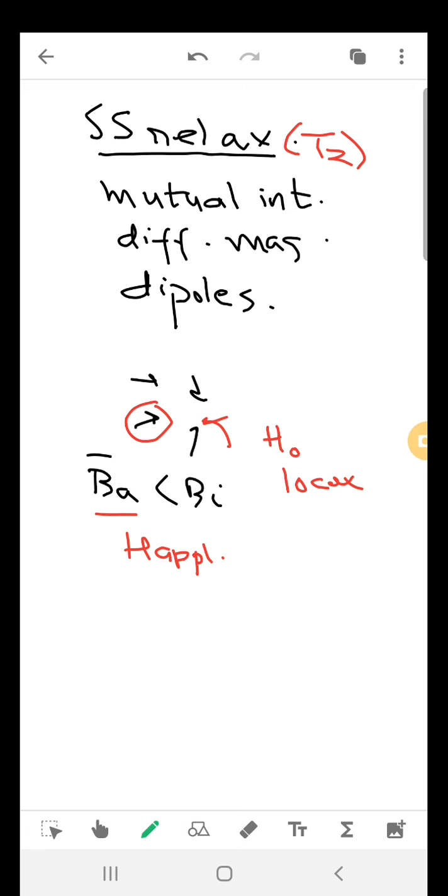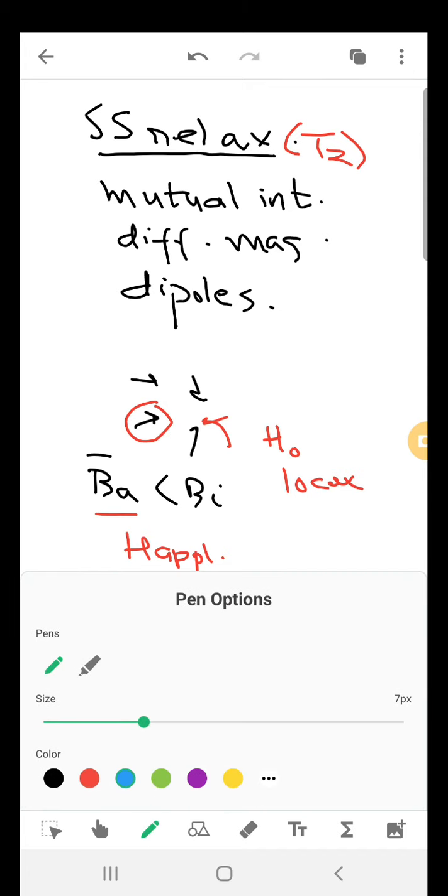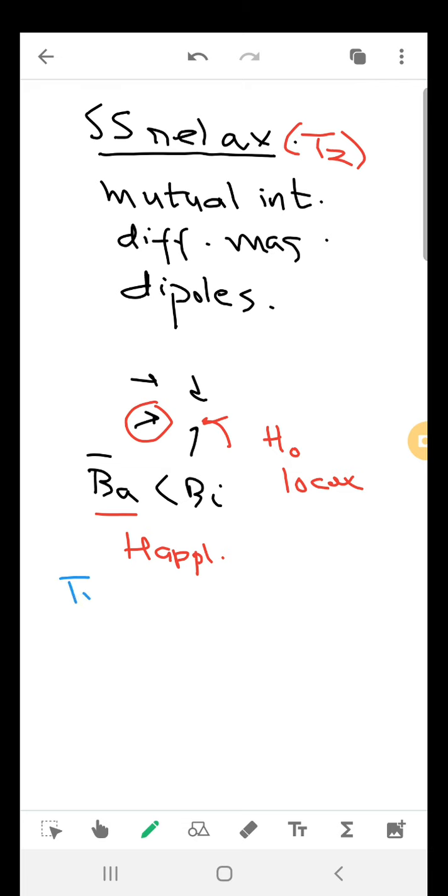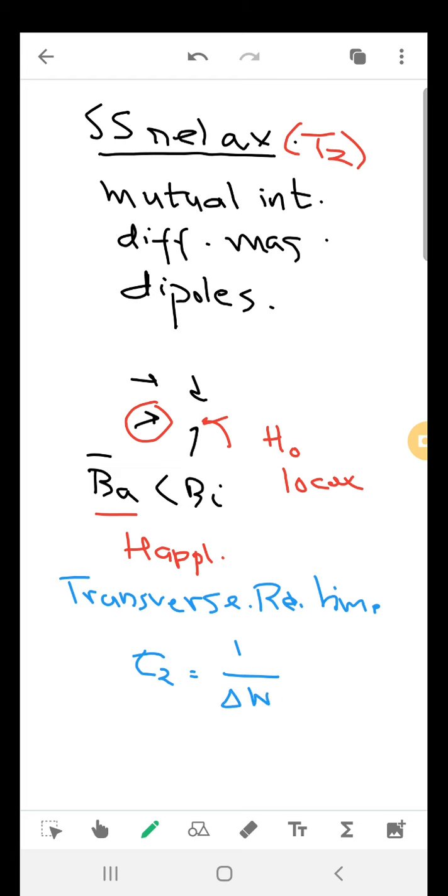Then the direction of the local field differs from nucleus to nucleus because of the relative position of neighboring nuclei in the lattice and magnetic quantum numbers. So we have something called transverse relaxation time, that is tau 2 is equal to 1 by delta omega 0.